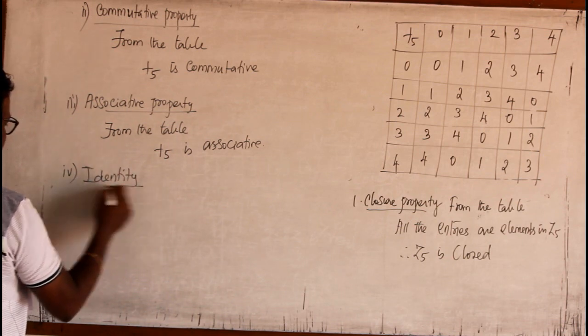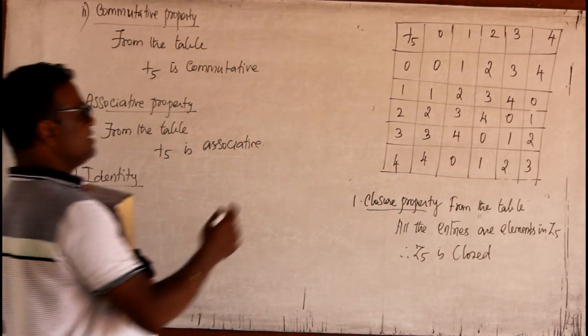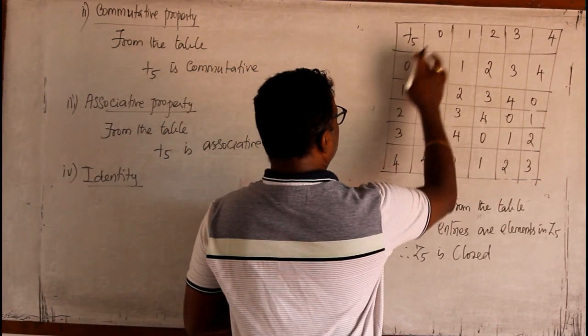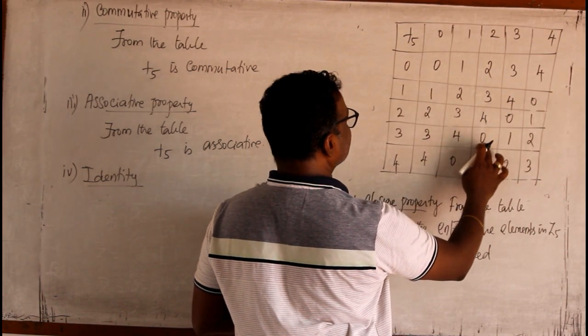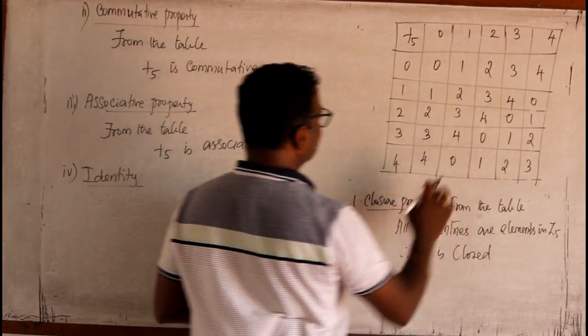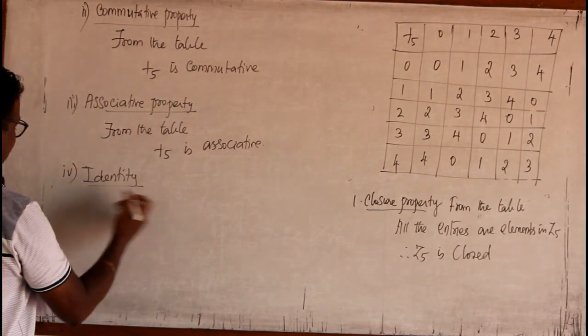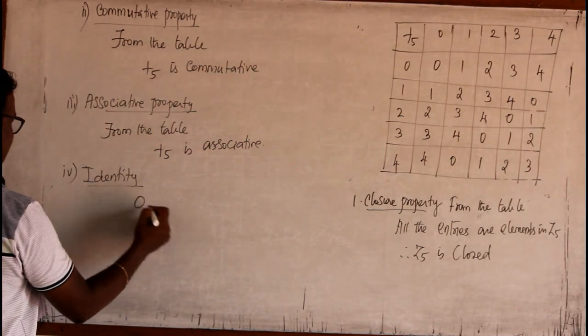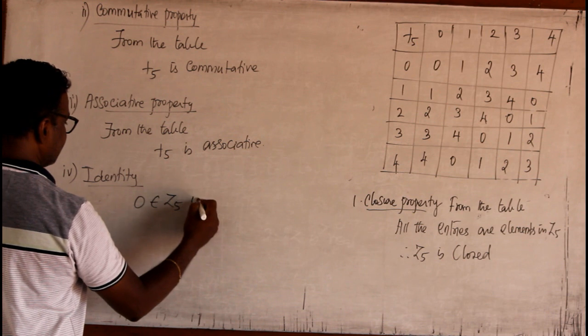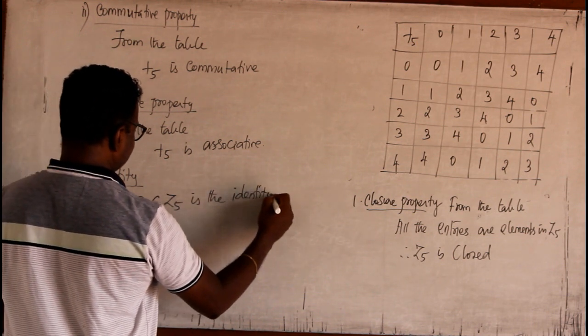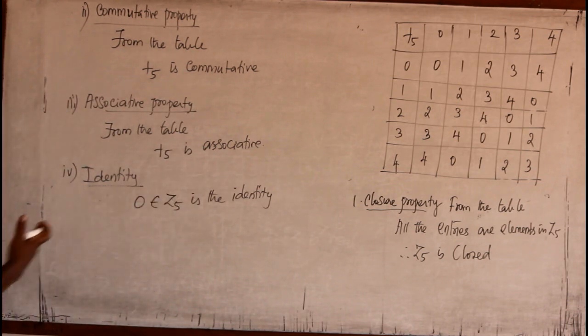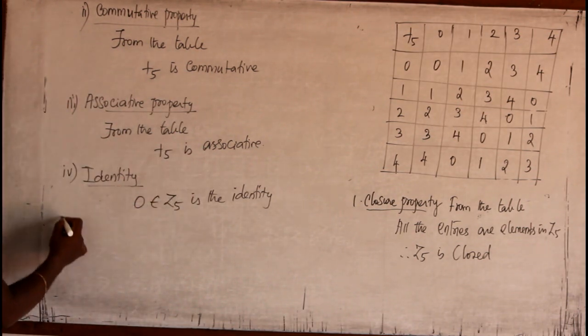Remember, if it is addition, 0 is the identity. Just check 0 plus 0, 0. And I am getting 0, 0, 0, 3 plus 2, 0, 4, 0. So 0 is the identity. We know in addition 0 is the identity element. 0 belongs to Z5 and is the identity element. You don't need to check anything. We can straight write, because we know in addition 0 is always the identity.